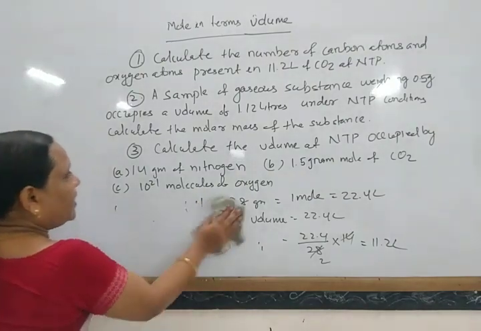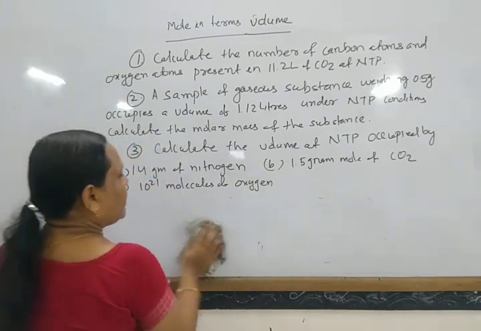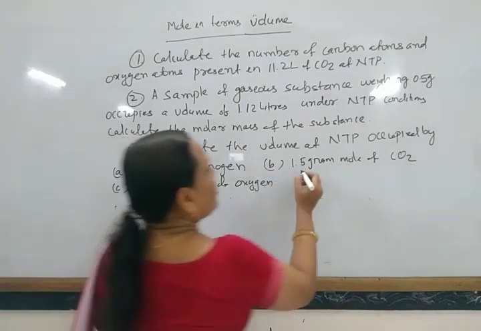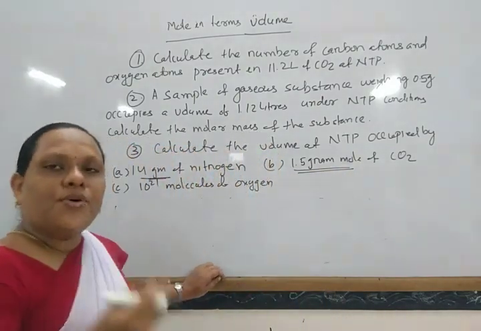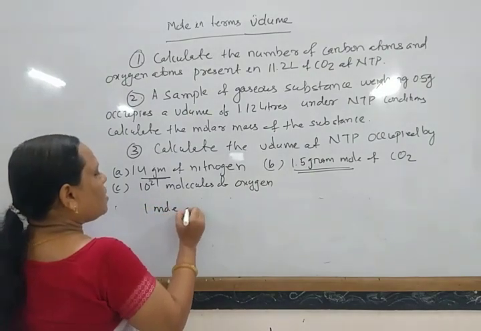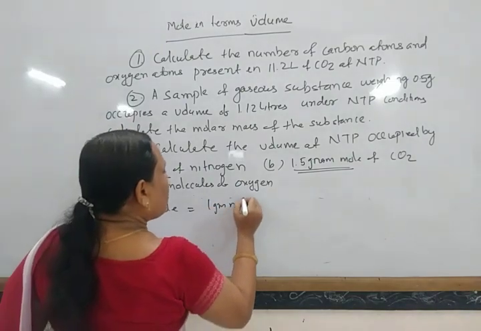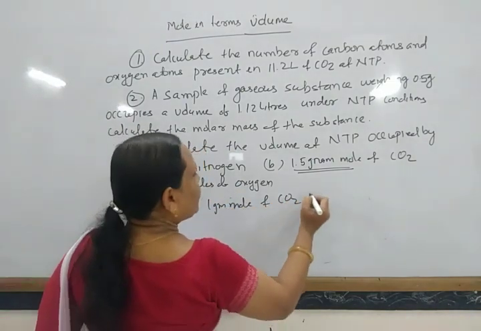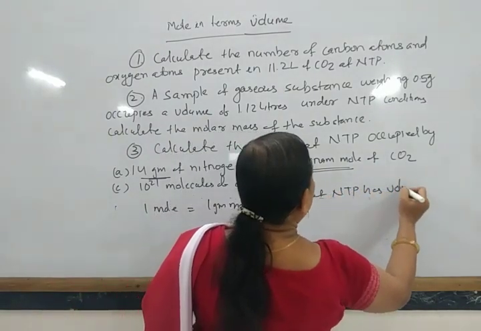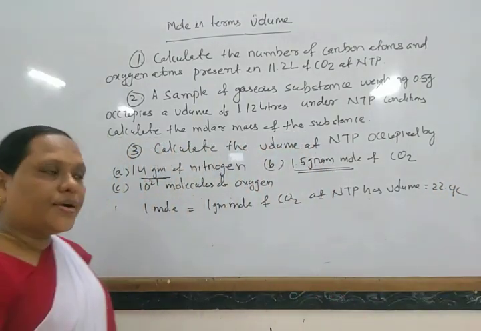Next, given 1.5 gram mole of carbon dioxide. Here it is not given in grams, here it is given in gram mole. Gram mole means only the mole. So 1 mole, that is equal to 1 gram mole of carbon dioxide at NTP, has volume 22.4 liter.